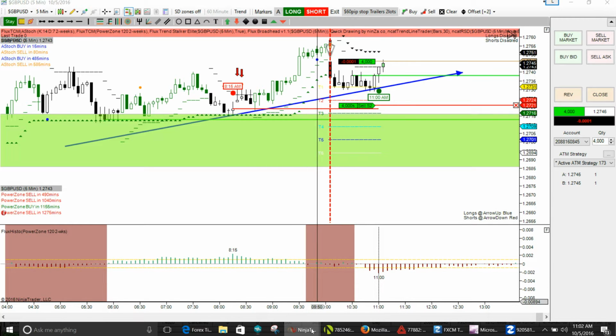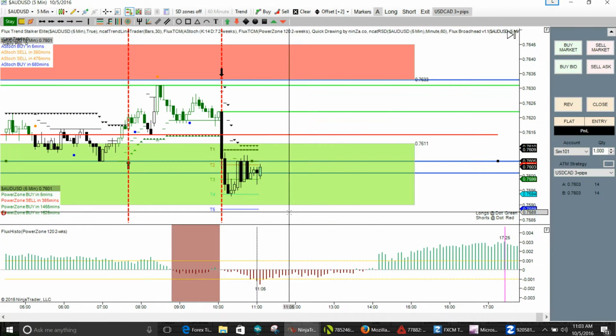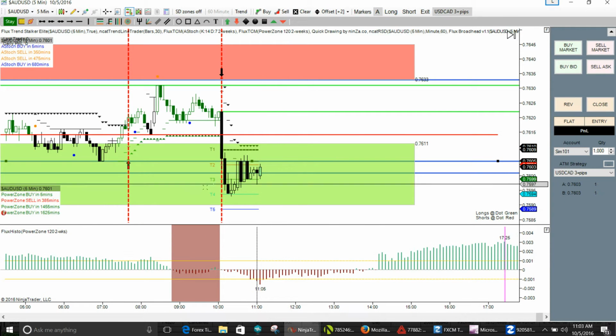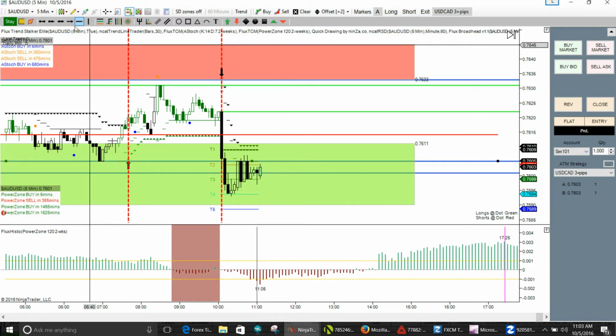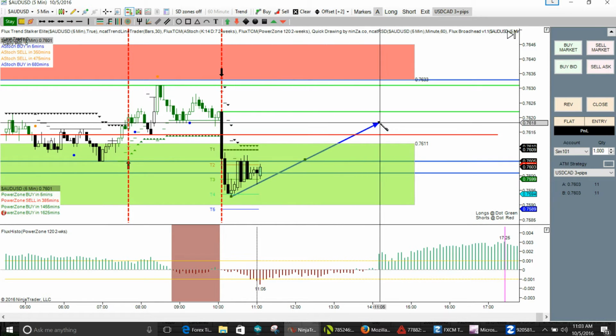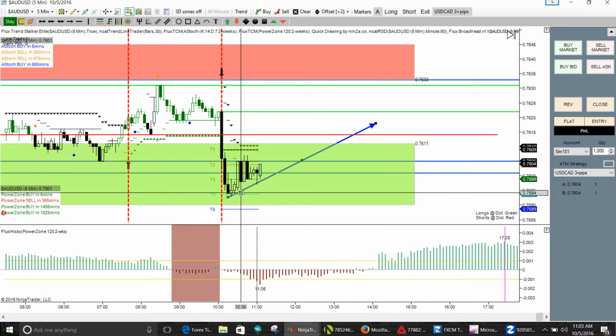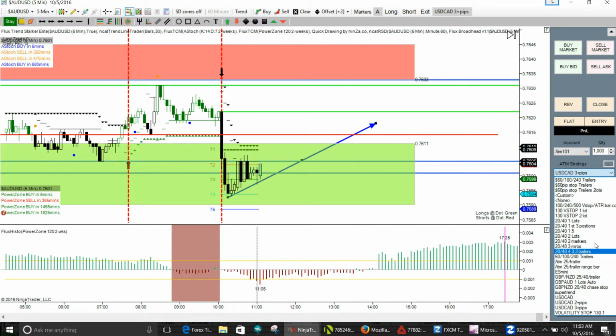And also, I think we got the Aussie US dollar. That's at 11.05 as well, same as the Canadian, but Canadian is in the opposite direction. Look at that trend line on there. Okay, a couple more minutes, and we'll be taking a trade on the Aussie US dollar as well.